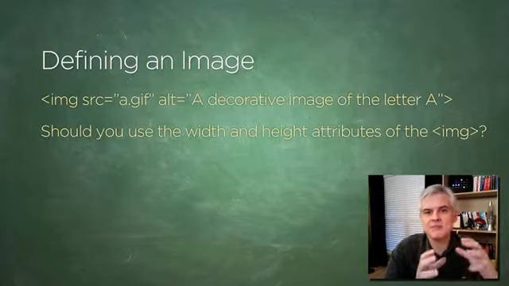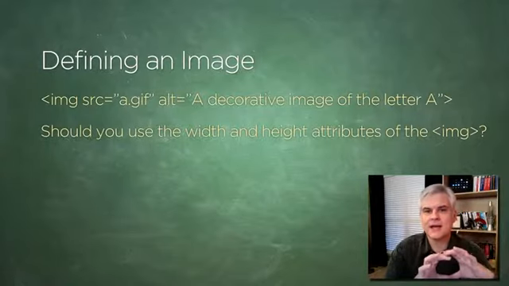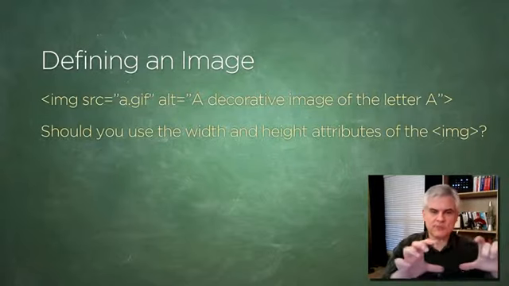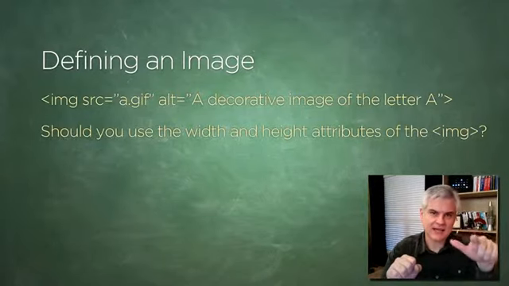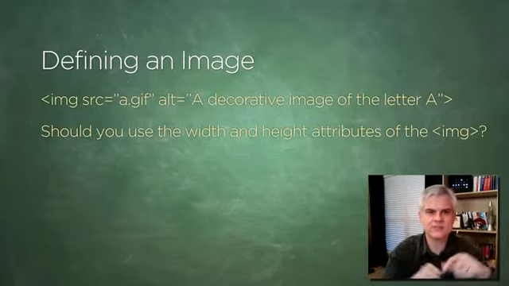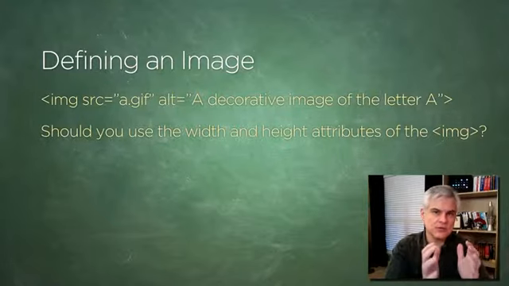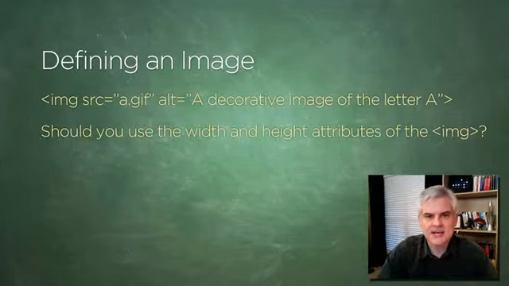Sometimes if the image can't be loaded for some reason, an empty placeholder will be represented by kind of a large box with a little icon in the upper left hand corner with a little X through it, and if you have the width and the height, then it will use that to size that empty box appropriately.